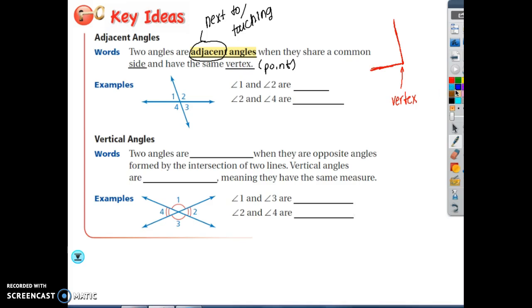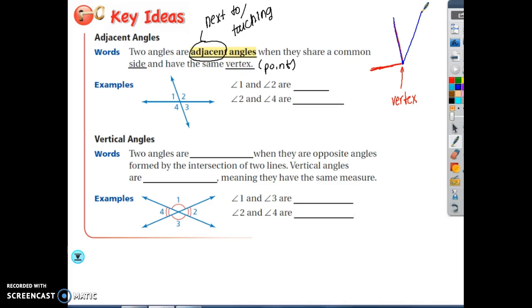So for example, maybe I can use this side here with a blue angle. The blue angle uses the same side and it also has a point right here at the same place the red angle does. So maybe my angle looks something like this. Those two angles are adjacent because they both use that same side that's in between them and they have a point at the same place.